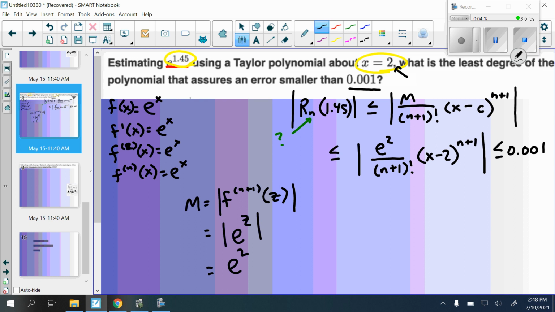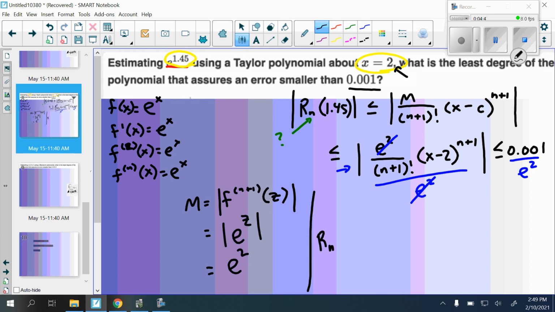And so we're going to try and solve and see what would give us that. The only constant we have in this whole Lagrange error here is that e squared. So what we could do here is divide by e squared and get that at least out of this. So now we know our error here, and I'm going to try and separate this out a little bit.